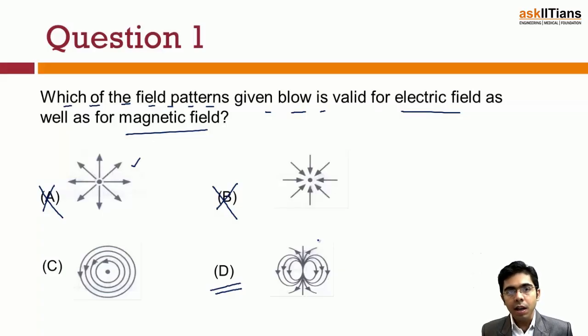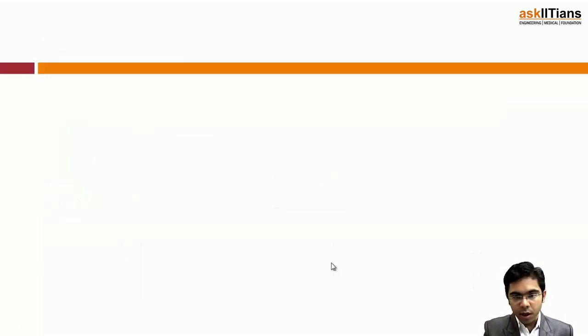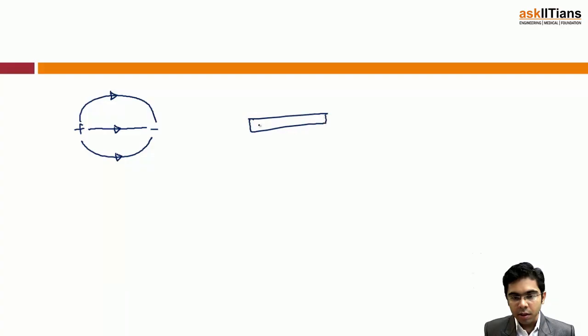And if we look at the magnetic dipole, the field goes from north to south. So what exactly is the situation? For the electric field, positive, negative, it goes something like this, or something like this. This is the direction of the electric field. But when we talk about the magnet, this is north, this is south, let's say, it goes from this and enters into this and again goes into this. That means it forms a closed curve.